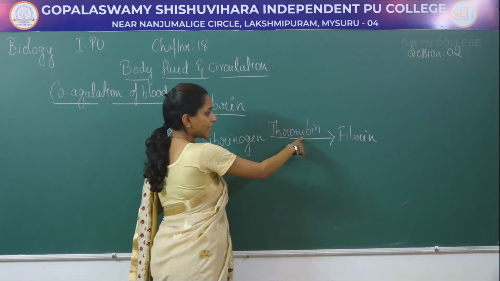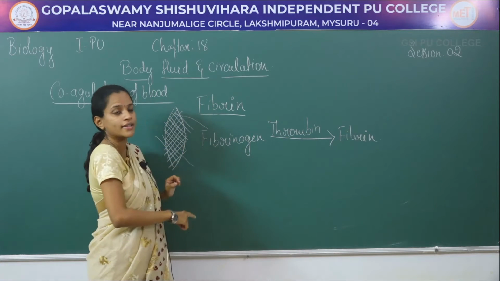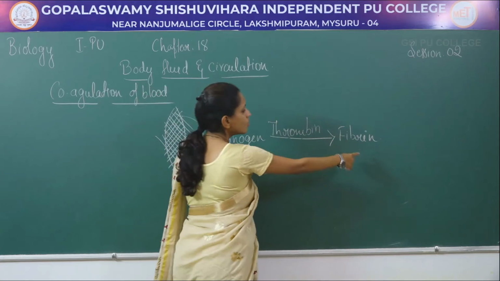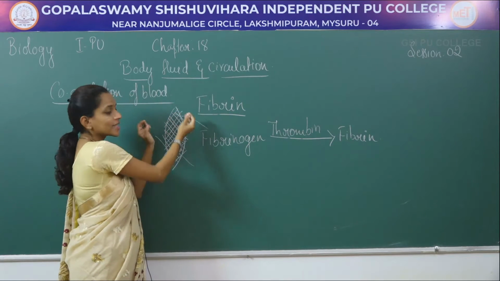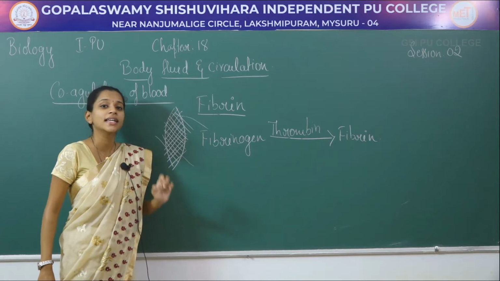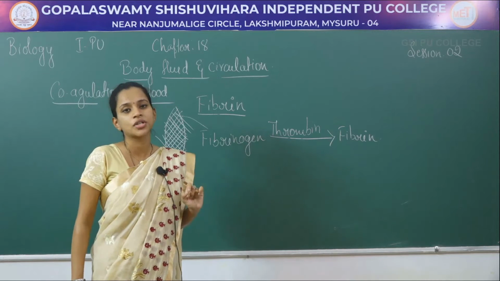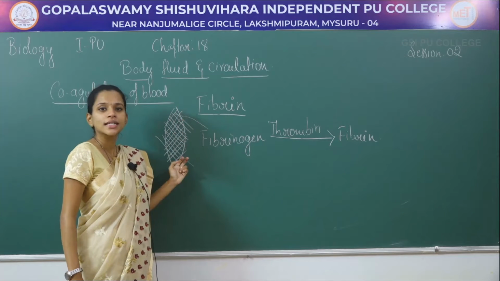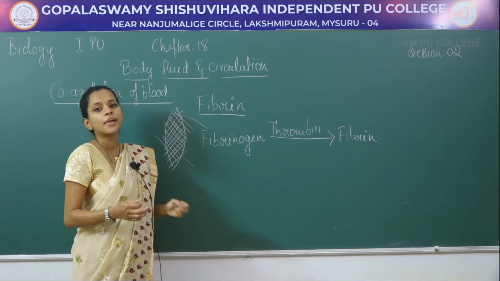Thrombin activates the fibrinogen when there is a cut or tear in the body and converts it into fibrin. This fibrin forms a network near the cut region, containing the dead blood cells as well as the ruptured skin, which closes the cut area and does not allow the blood flow.